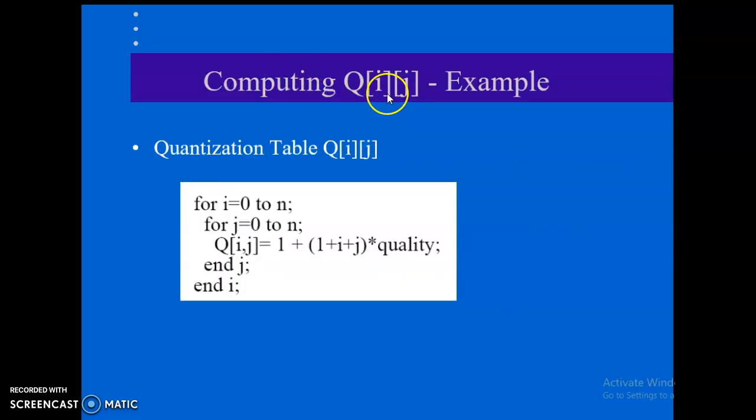Computing Q of i, j example. Quantization table Q of i, j: i in one parenthesis, j in the other.